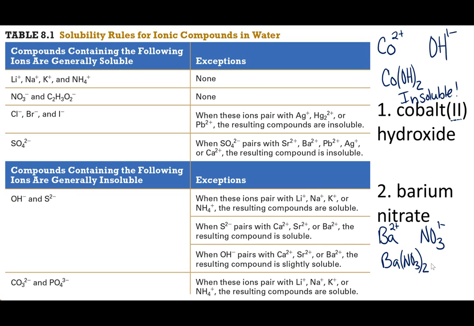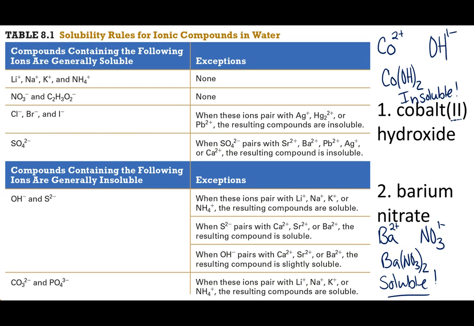Is barium nitrate soluble or insoluble? Okay, so let's see if we can find barium or nitrate. No barium. Whoop, there's nitrate right there, and there are 0 exceptions to the rule. So nitrate will always be soluble, so this is soluble. Okay.